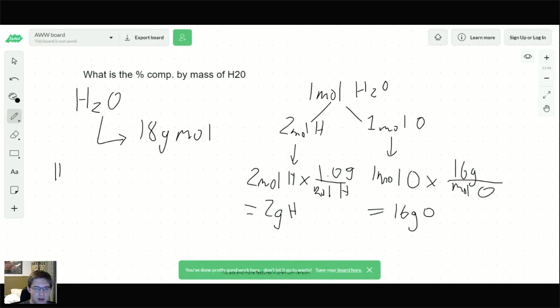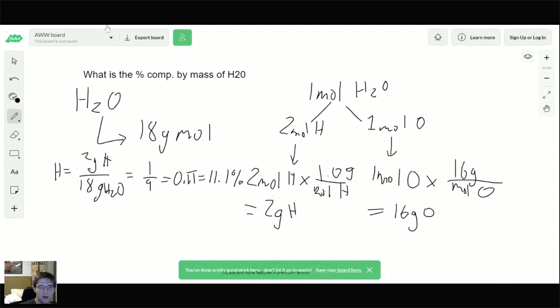With hydrogen, we have 2 grams per 18 grams of H2O. And so that'll be 1/9, I think. Yes, which is equal to 0.11 repeating, which gives us 11 point, and I'm just going to say 11%.